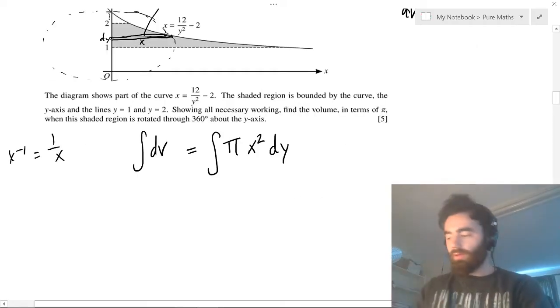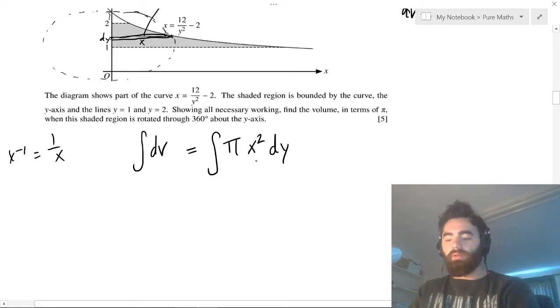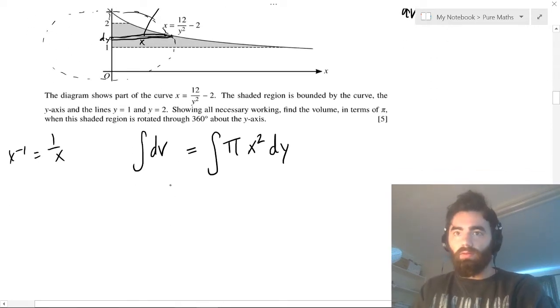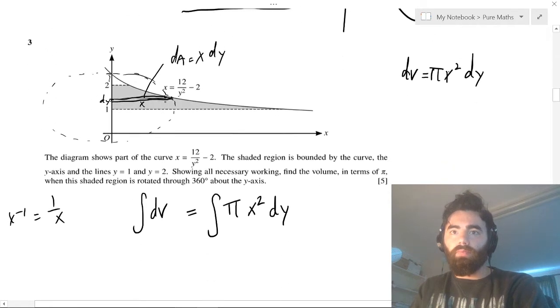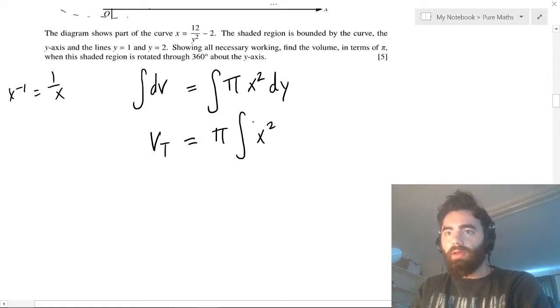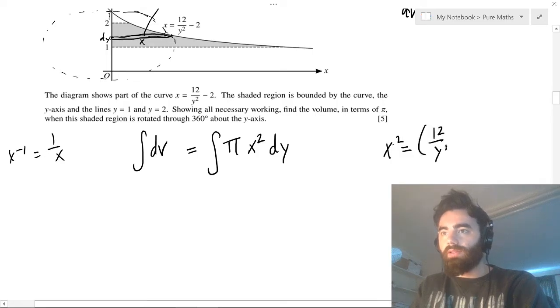I think my computer is running out of space, but I cleared some space up. So we were up to the point where we found the equation for the total volume. Let's just work out our x squared first. Our x squared is 12 over y squared minus 2, all squared.